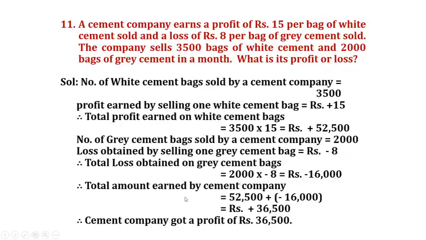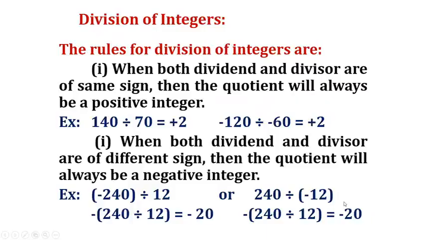So total amount earned by the cement company is plus 52,500 plus minus of 16,000. So now by subtracting these, we will get plus 36,500, means the company got profit only, because we are getting the positive sign only in front of this answer. So plus 36,500 profit got by the cement company.